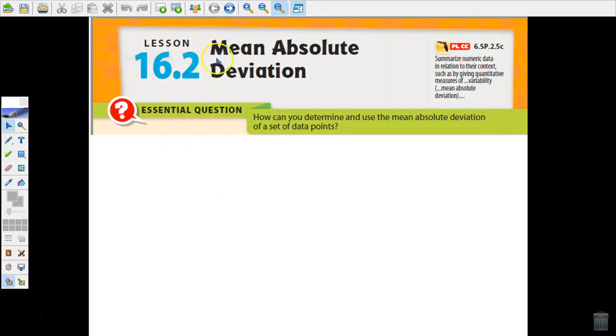So today we're going over lesson 16.2, which is mean absolute deviation. All right, so this is a little tough, okay? I will be calling it MAD as an acronym for mean absolute deviation.